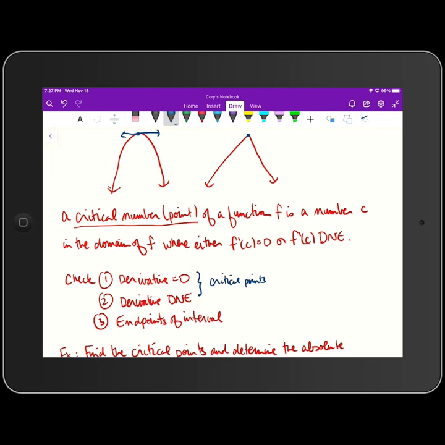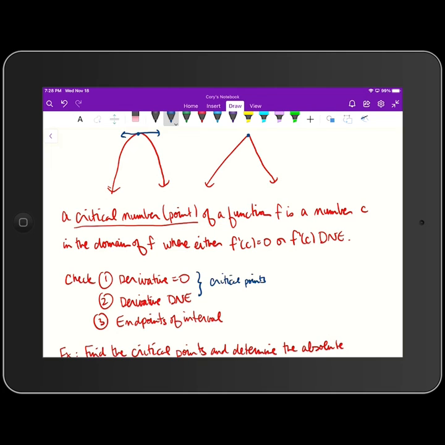A critical number or a critical point of a function f is a number c in the domain of f where either f prime of c is equal to 0 or f prime of c does not exist. So when you're asked to find critical points, you are asked to find where your derivative is equal to 0 or where the derivative does not exist.